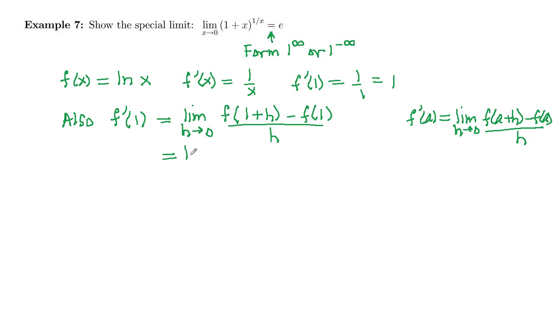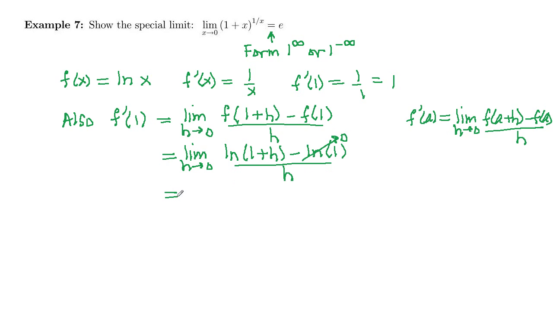So this is going to be the limit as h goes to 0 of natural log, so ln of 1 plus h minus ln of 1, and then divide by h. Well, log of 1 here is 0, so that drops out.